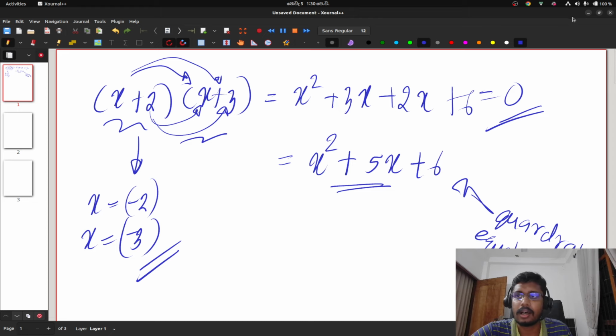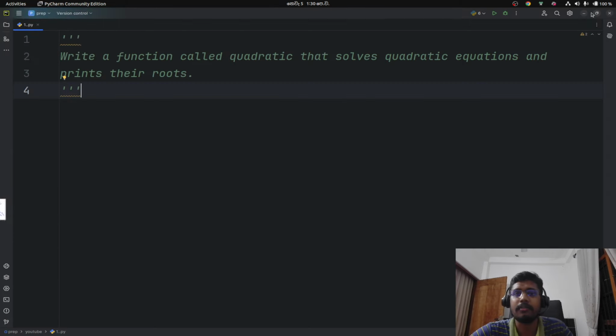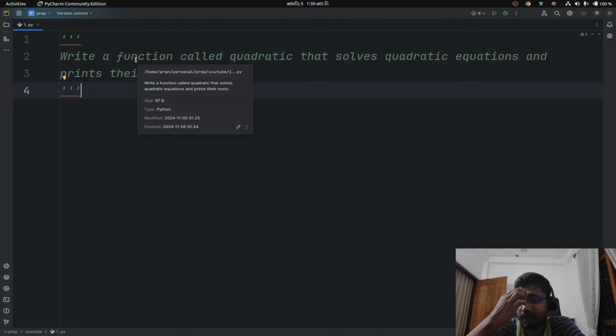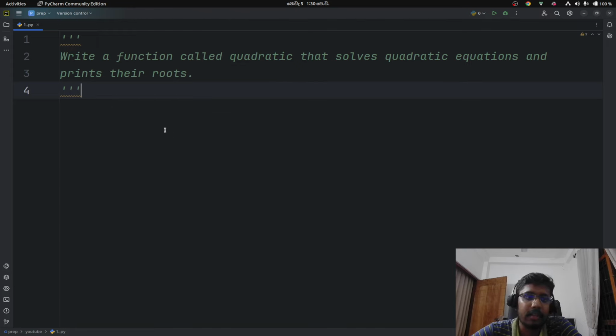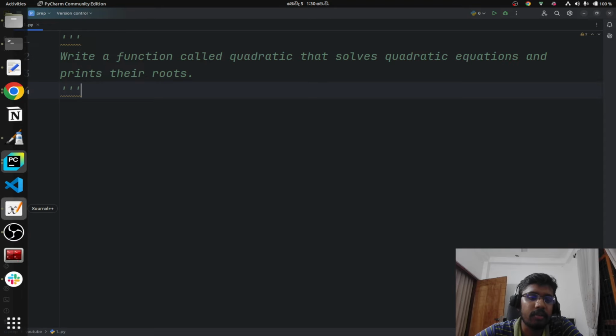Now our exercise is basically about creating a function in Python that will get the quadratic equation and then give you the roots. Now to get this done, the easiest way in my opinion is to use the standard equation that will give you the roots.